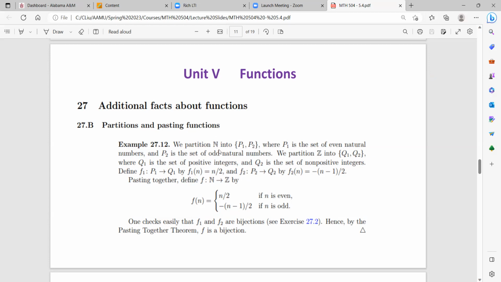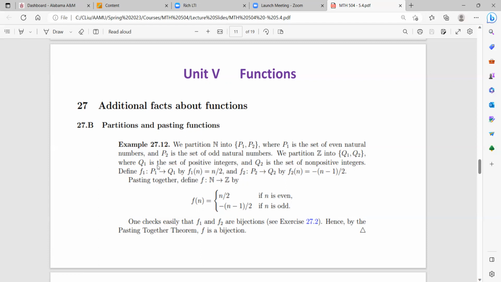So P1 is the set of even natural numbers, P2 is the set of odd natural numbers. And then we also partition Z into Q1 and Q2, where Q1 is the set of positive integers and Q2 is the set of non-positive integers, including 0. Okay, so 0 and negative numbers.